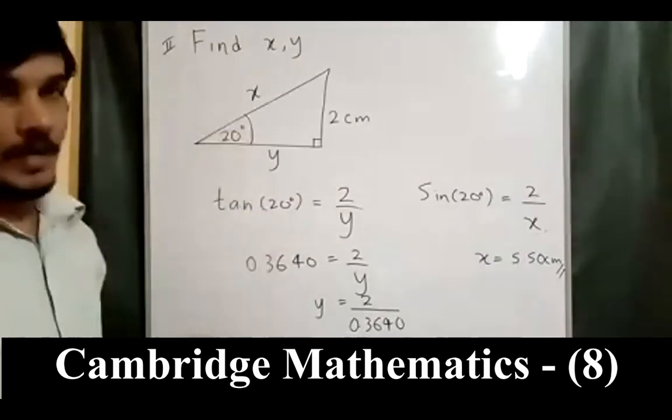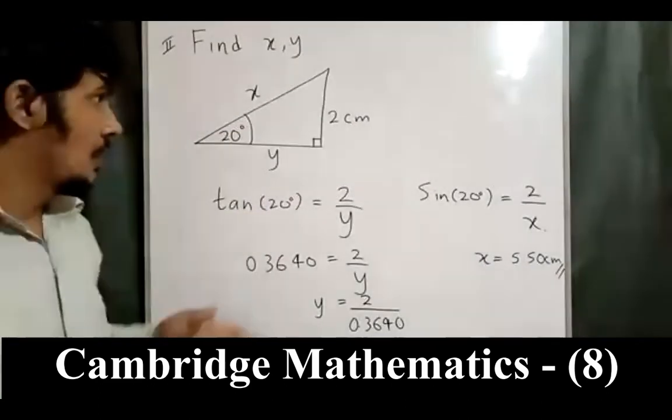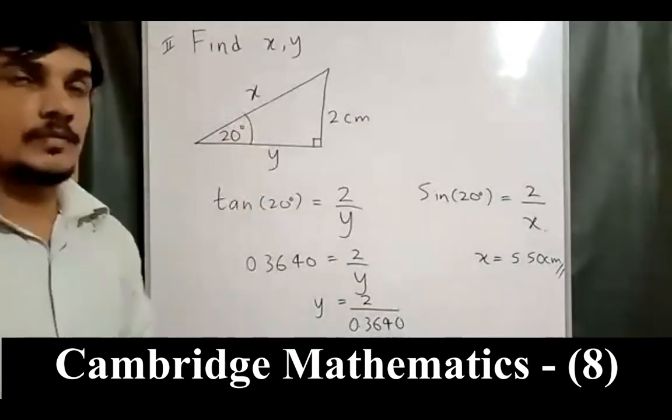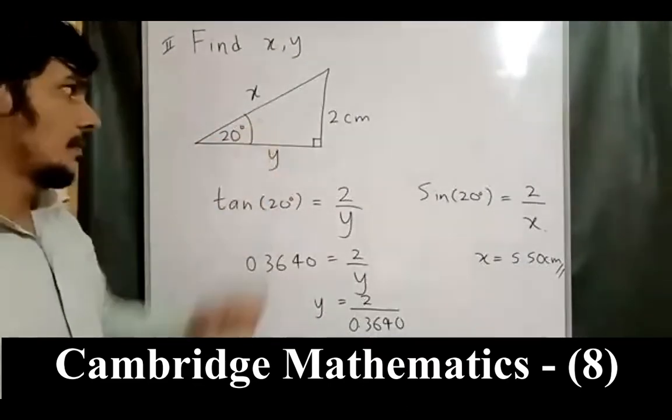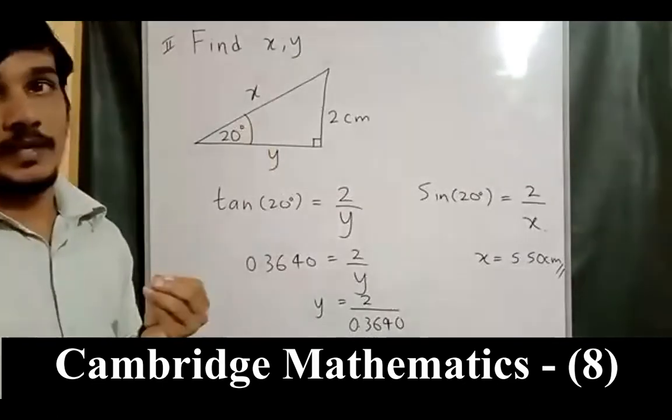Now we will see the other way. Other way means what? I'm not going to give you the angles. We have to find the angles by using the given lengths of the sides, right?